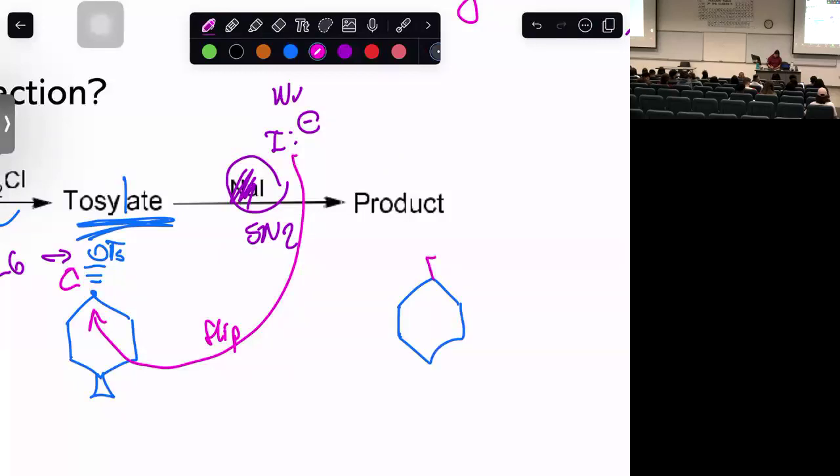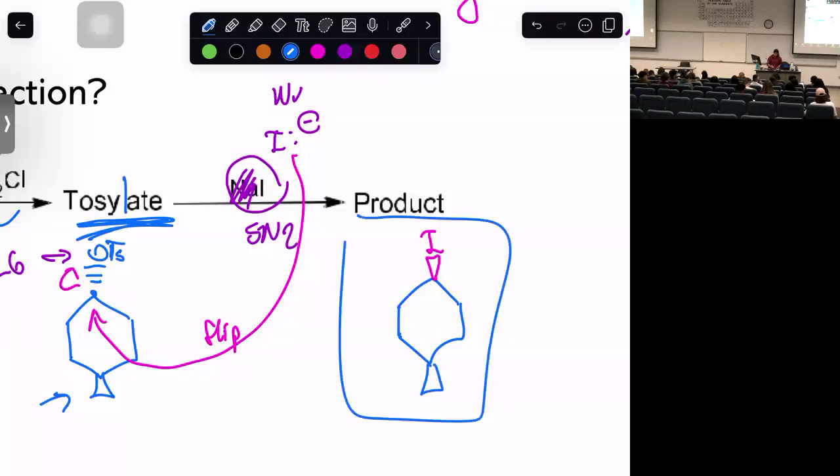So that means that now I have a little wedge and an iodine. And then what about the methyl group here at the bottom? Do I change it? Stays the same. Why does it stay the same? You don't touch it, exactly. You keep it the same. Do not mess around with it. So that's it.